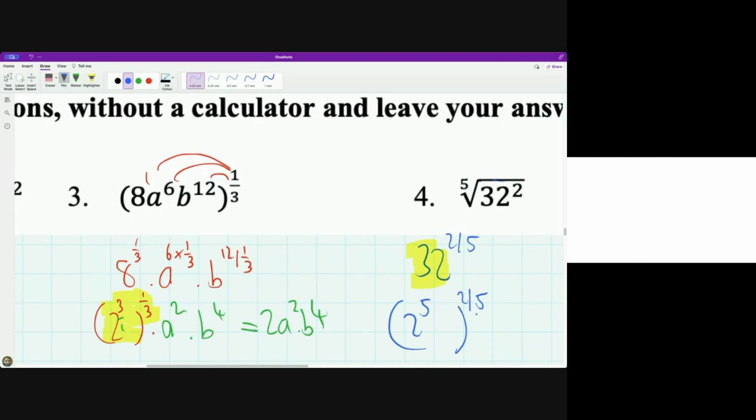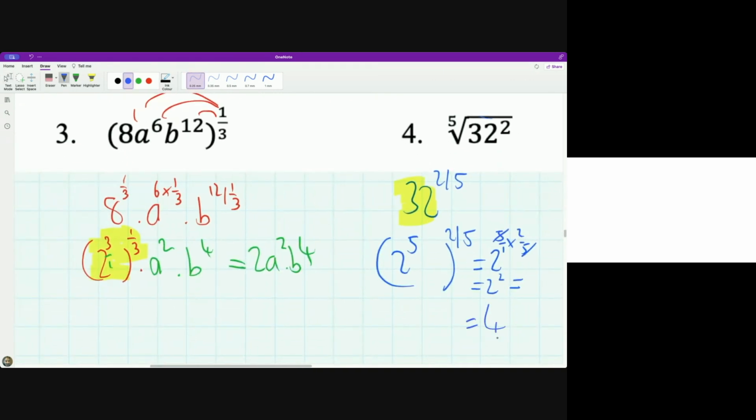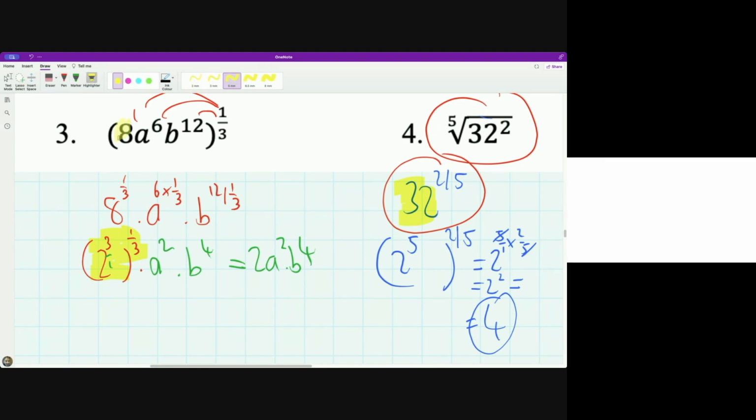This could become 2 to the 5, in which case, by the exponent laws, that cancels out. I get 2 to the 2, and then that is the same as 4. So a lot of exponents and surds is about being able to change from surd form to, say, root or power form, or how to apply the exponential laws or break down big numbers into their prime bases or prime factors.